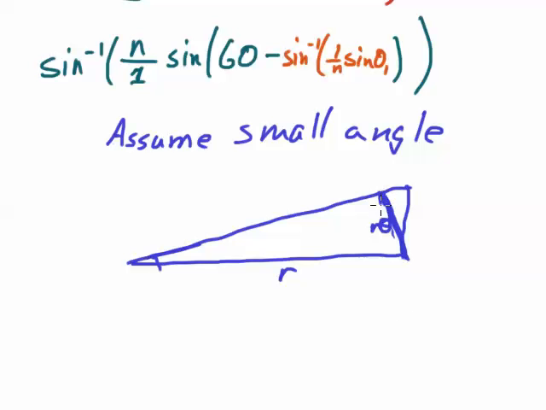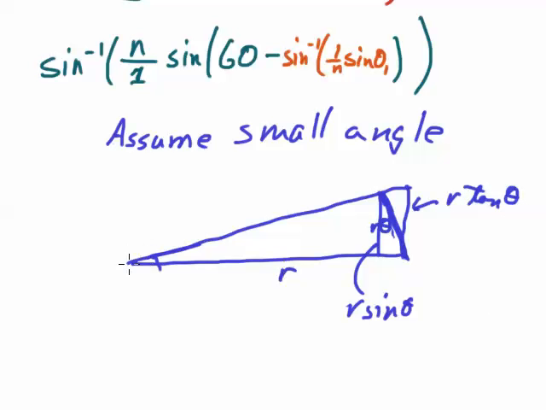Also, this distance here is r sine theta, and this distance here is r tangent theta.